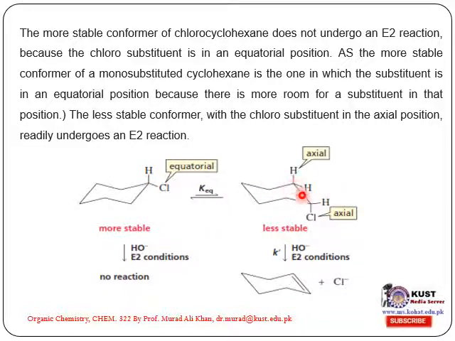Elimination is possible only from the less stable conformer, in which the substituent is axial, and from the axial substituent we get this product, cyclohexene.